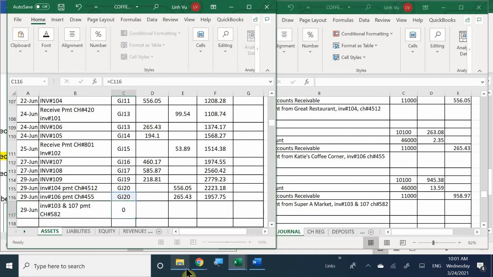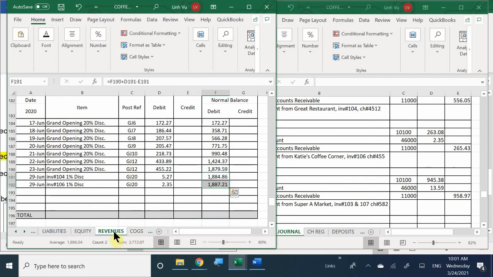Once again, General Journal number 20. And the full amount that he owed us was the 958.97. So therefore, if I'm reducing that amount, what's my new account balance? 998.78. Excellent.